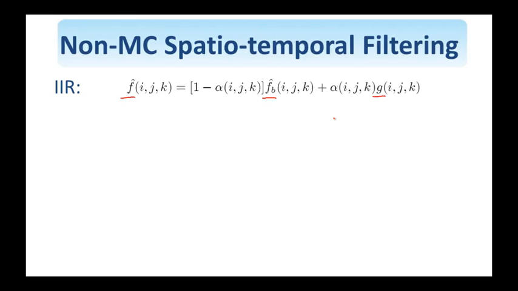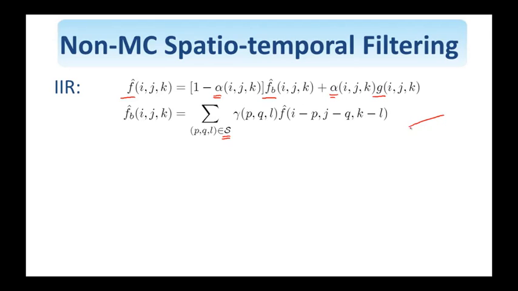This convex combination is determined by the coefficient alpha. An example of a prediction is shown here. The important point is that this neighborhood S includes only past pixel values. That is, the filter structure allows recursive computation of the result.